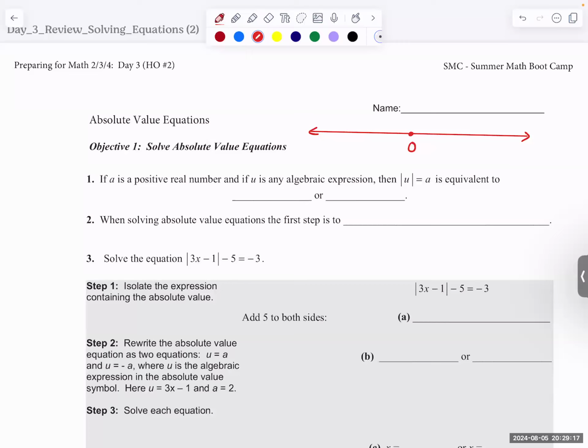And let's take a look at the positive real number 5, which is a distance of 5 units from the origin. Now, -5 is the same distance from the origin. -5 corresponds to a point that is also 5 units from the origin.